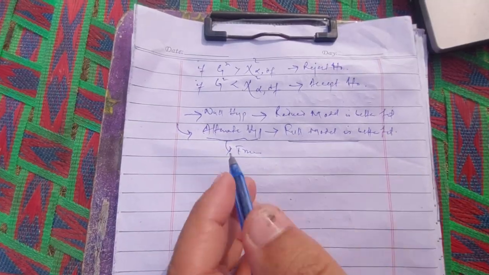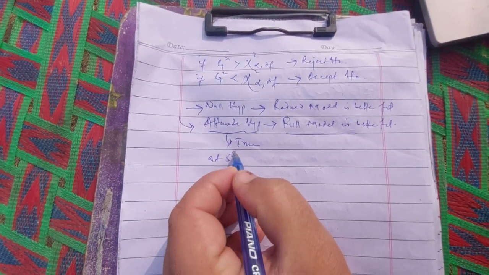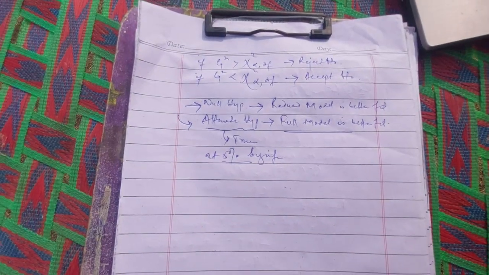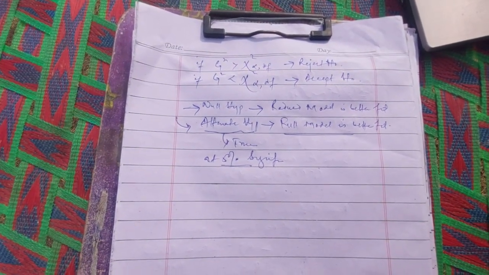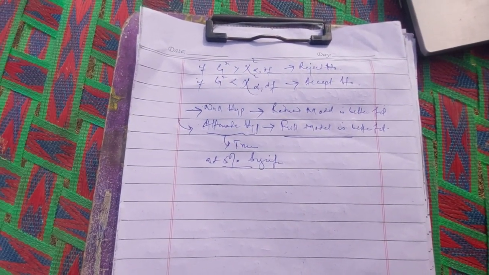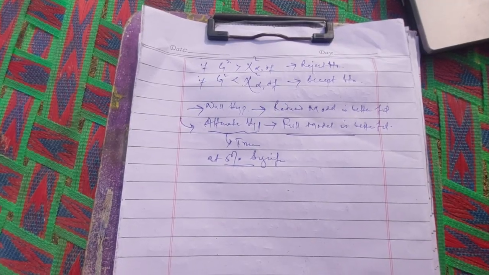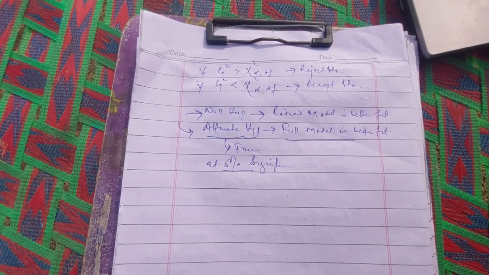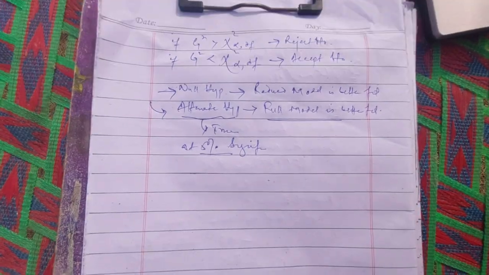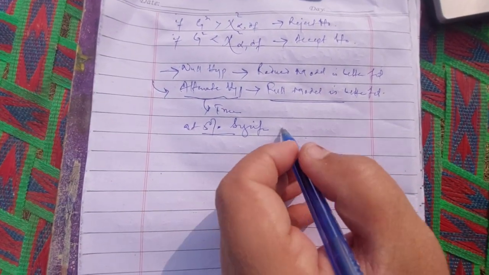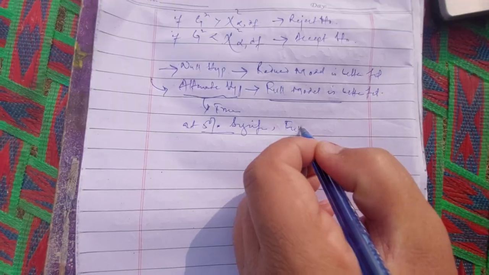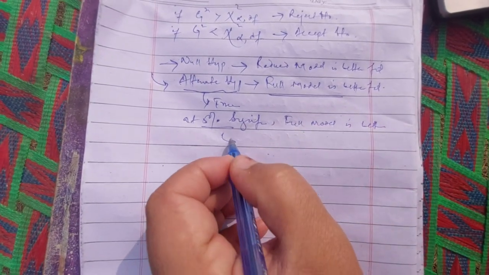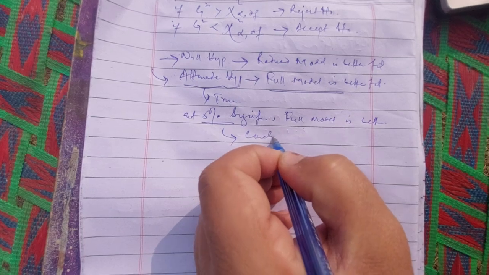It depends on the significance level, so you have to look at the significance level that is asked in the problem. So at the 5% significance level, the full model is better. That is our conclusion.